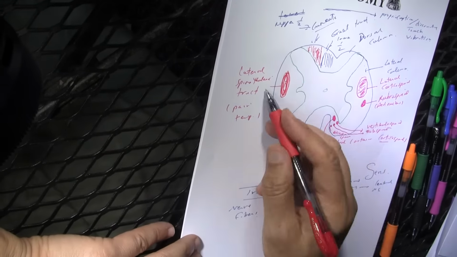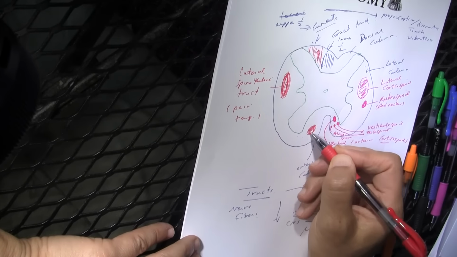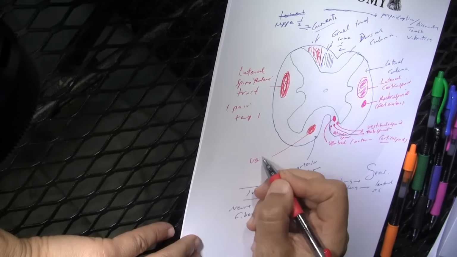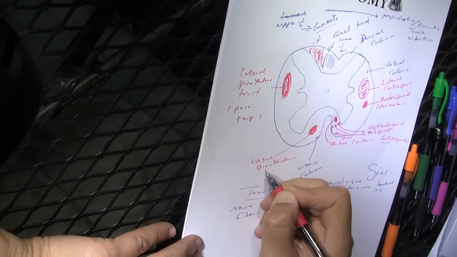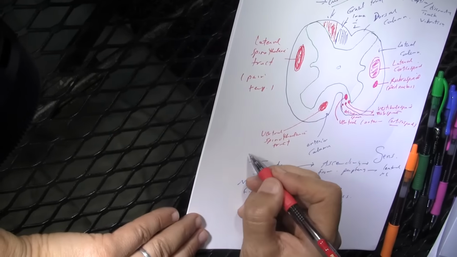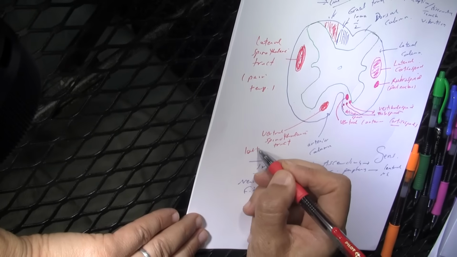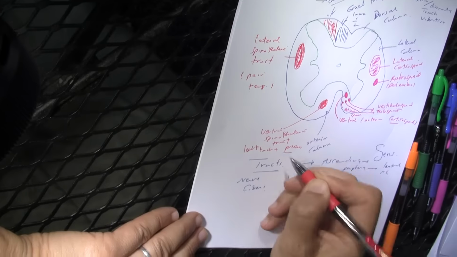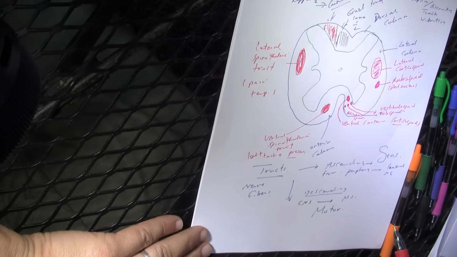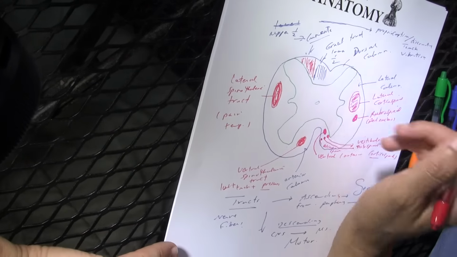Then anterior here is the ventral spinothalamic tract. This is for light touch and simple pressure sensation. Okay, but discriminative touch, gracile and cuneate.